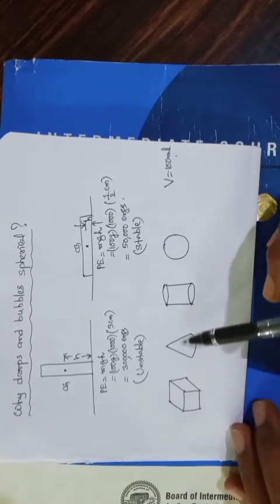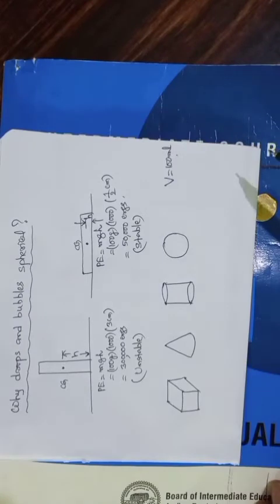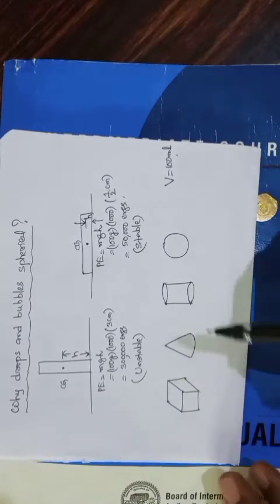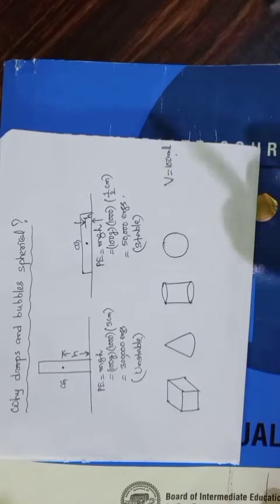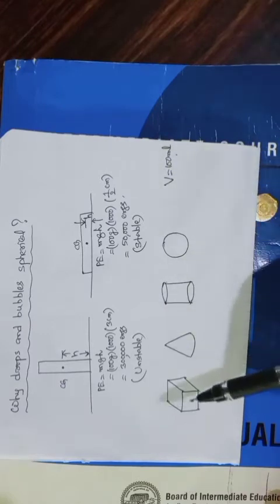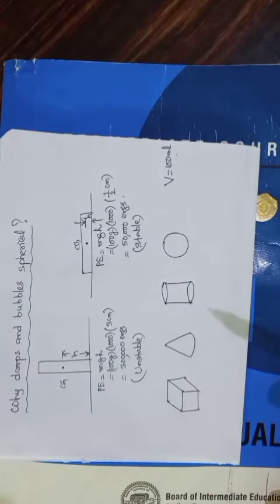And each liquid drop has a volume of 100 ml. Just shapes are different. Now, when shape changes, surface area also changes. These have different surface areas. So, which shape is having lowest surface area?